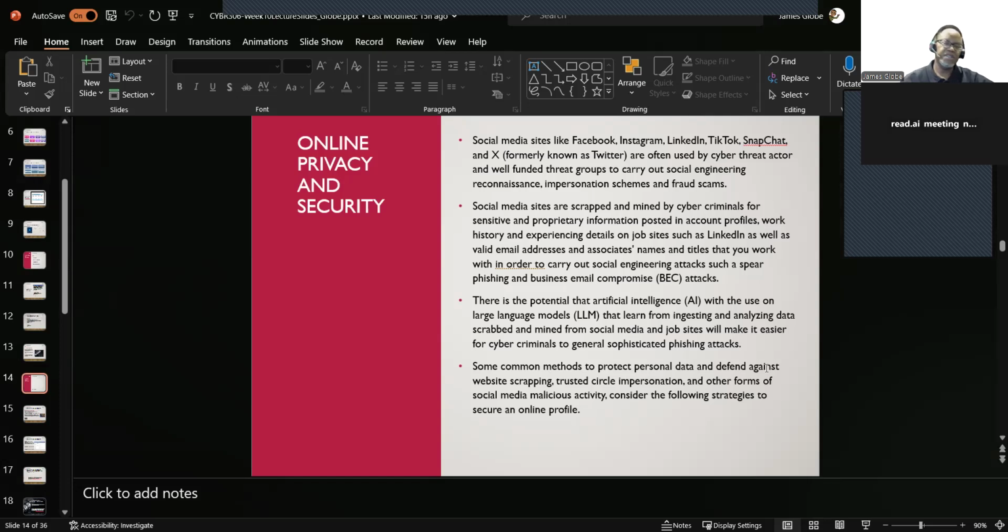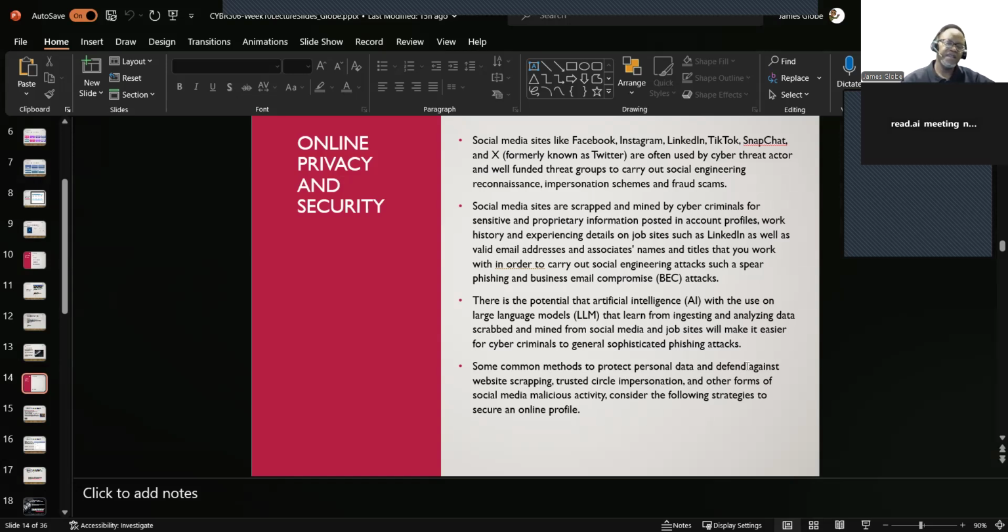Really important, they try to infiltrate your social circles and learn as much about you to then carry out social engineering attacks, whether they're scraping or mining your profiles on your various social media accounts to gather enough personal information so they can either carry out a pretexting attack or a business email compromise or vendor email compromise social engineering attack. That's what cyber criminals are doing.